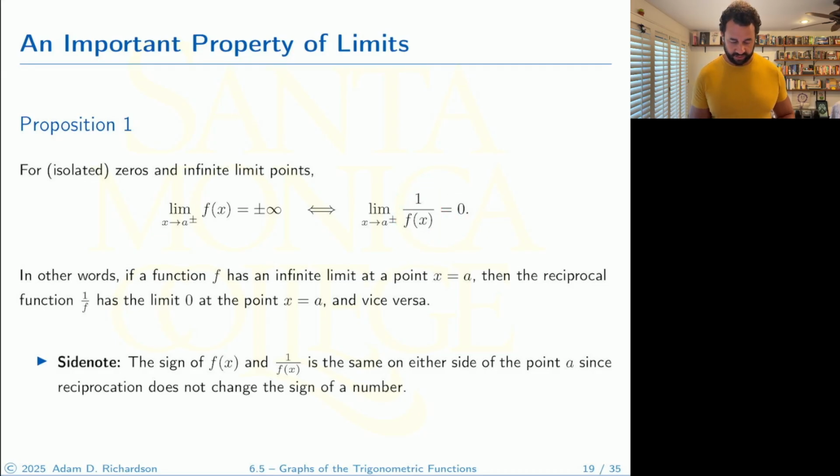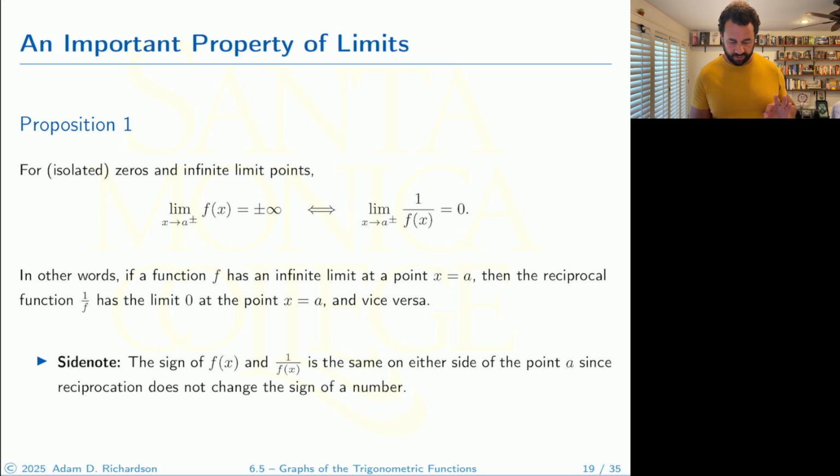So in other words, the intuition here is, if a function has an infinite limit point at x equals a, then the reciprocal function has a 0 at that point x equals a. So by reciprocating the function, it converts zeros to infinities, or infinities to zeros. Okay?